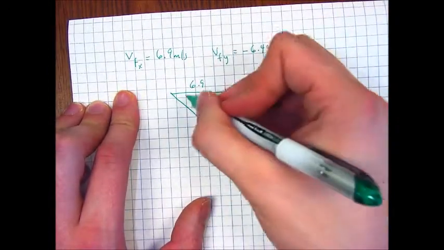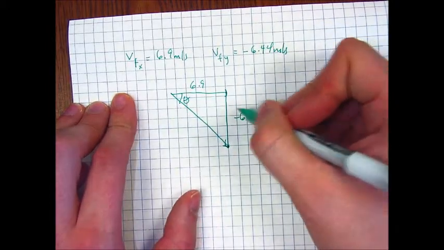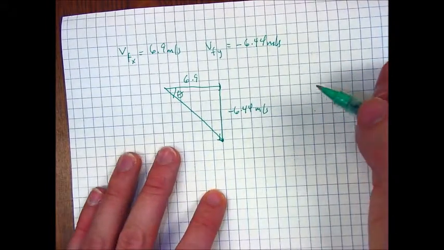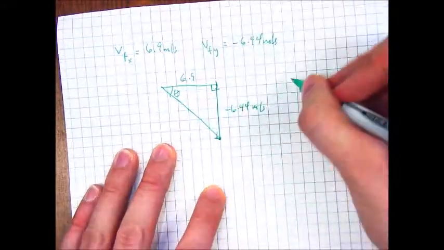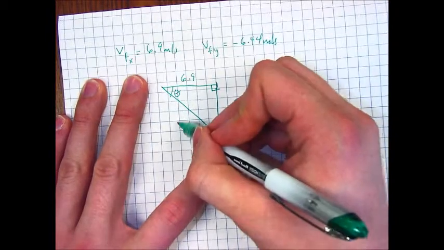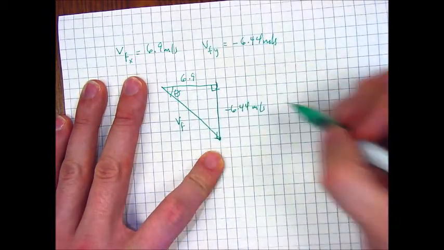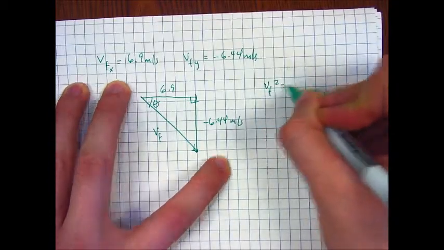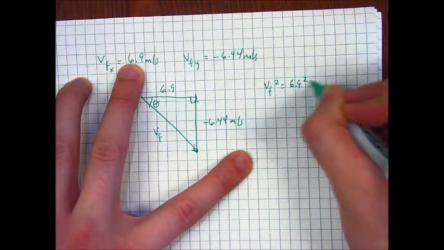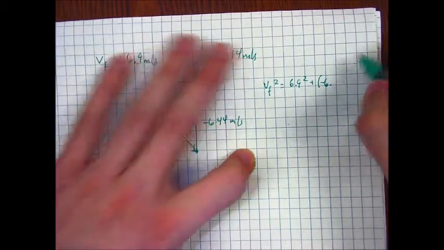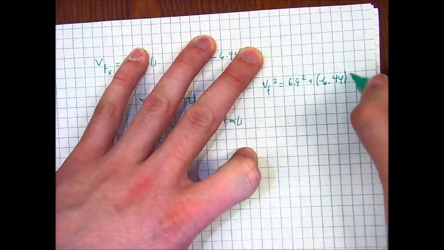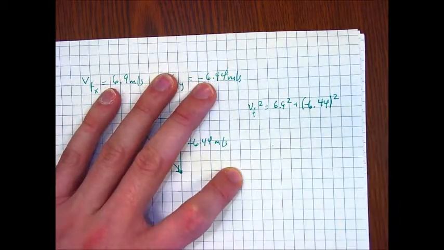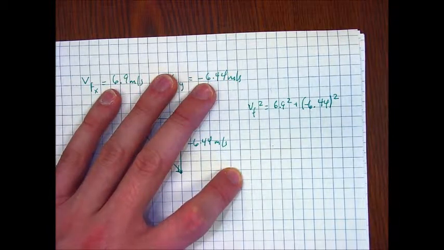Just a little math intuition here. Because they're close in the same size, I'm expecting an angle around 45, somewhere in the 40s. So now we go ahead and do Pythagorean theorem to get this side here, which will be our V final total. So it's just going to be V final squared is equal to 6.9 squared plus negative 6.44 squared. You know that this is going to turn into positive when you square it, so don't worry about that negative sign.